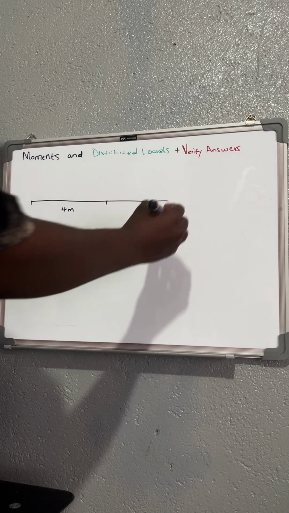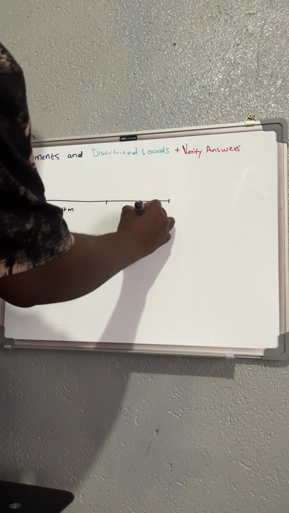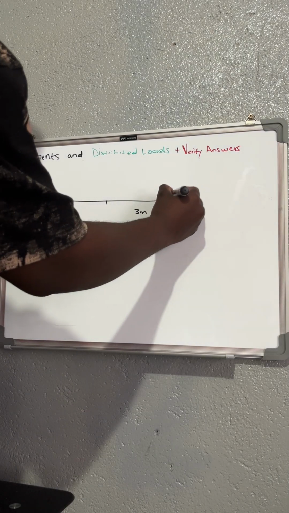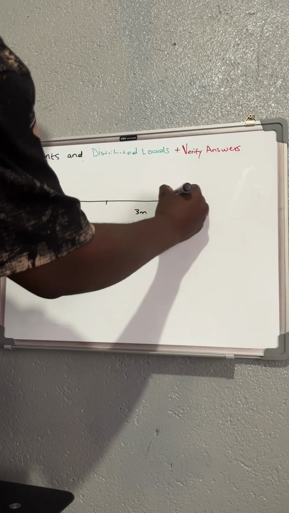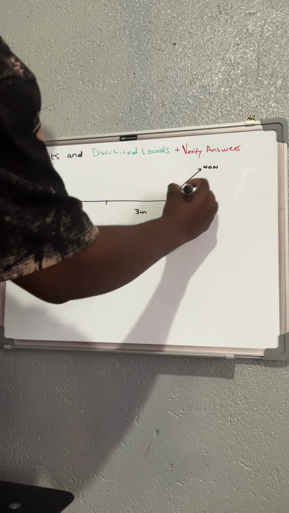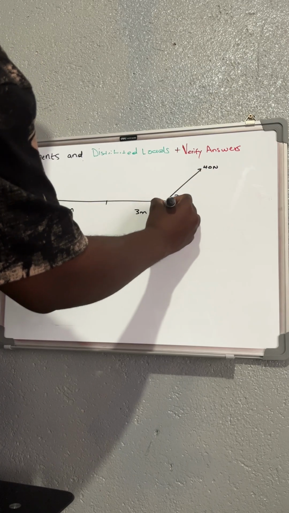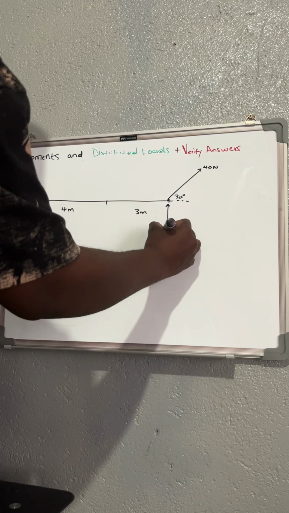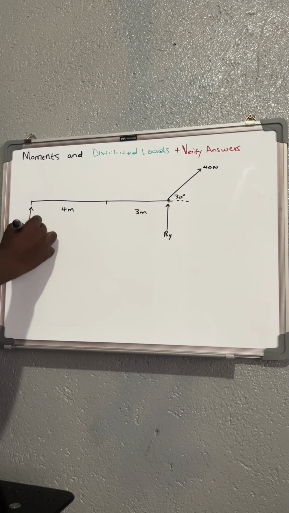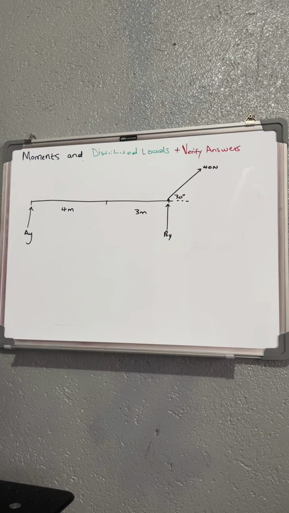Then from here to there it's 3 meters. Then they give you a force here that's 40 Newton. Then here they give you your 30 degrees. Remember here they will say you have your BY, here you have your AY.